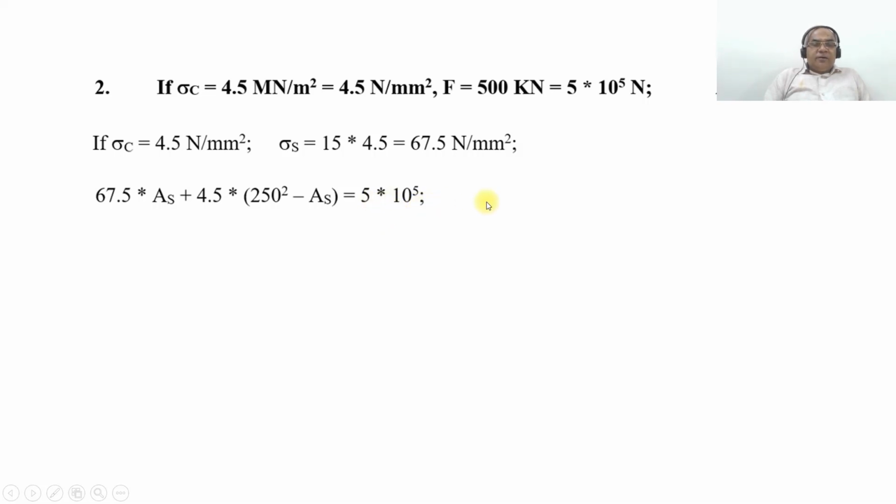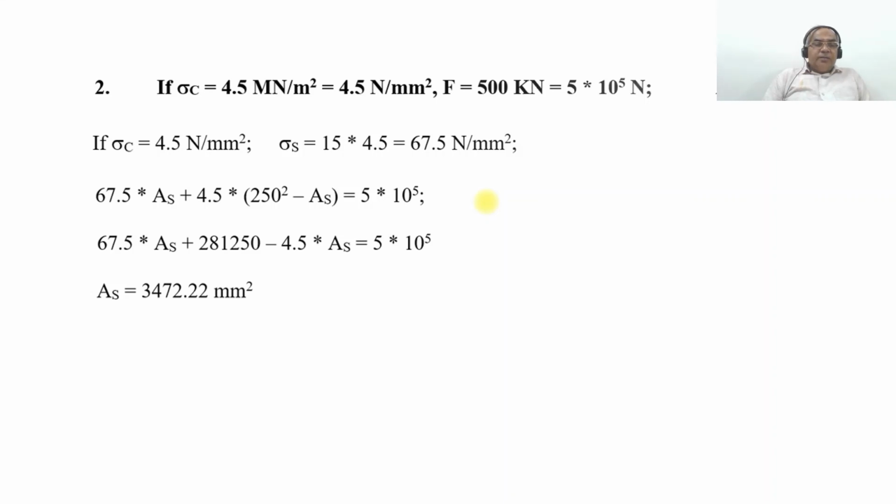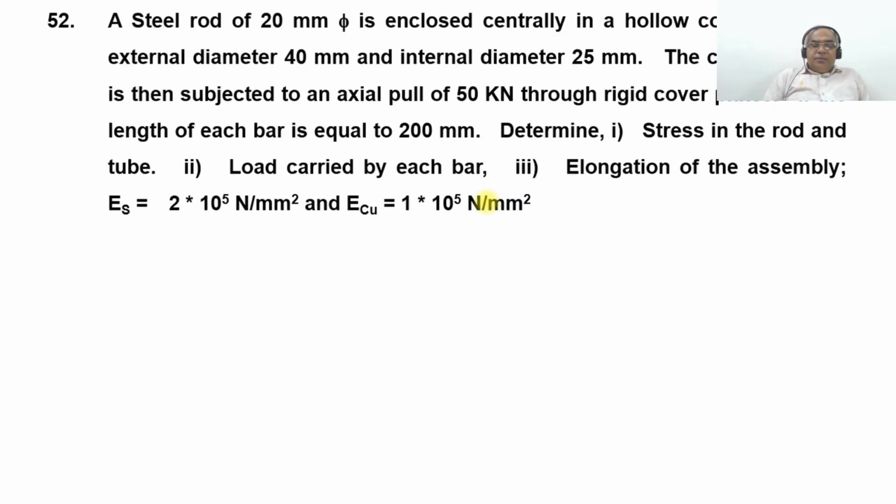On simplification, you are going to get 67.5 into AS plus 281,250 minus 4.5 into AS equal to 5 into 10 to the power of 5. Therefore, on simplification, AS will be equal to 3,472.22 mm square. So this is how you will be able to calculate these values.